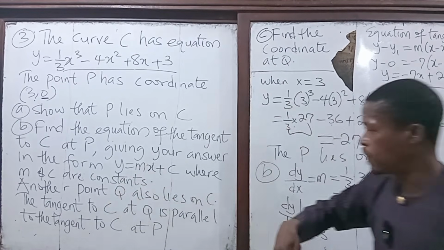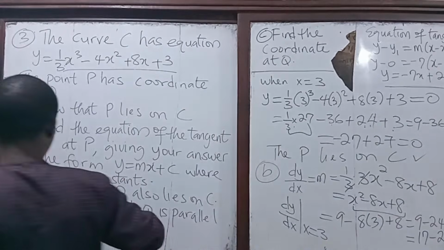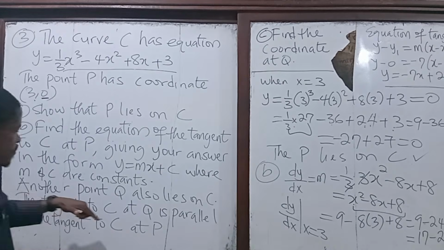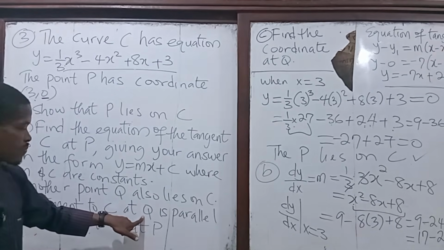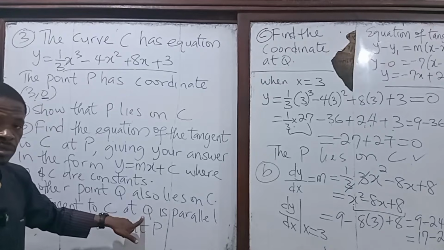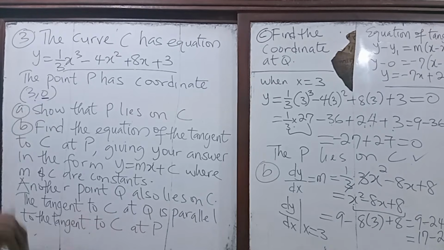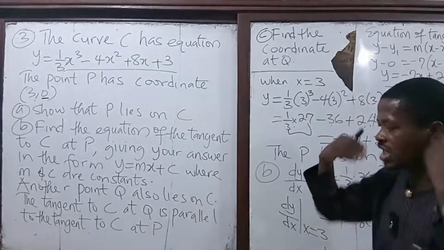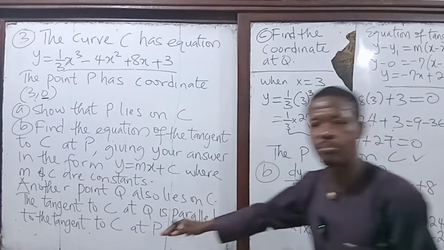If your slope at q is m1, that same gradient will also be equal to the gradient at p.